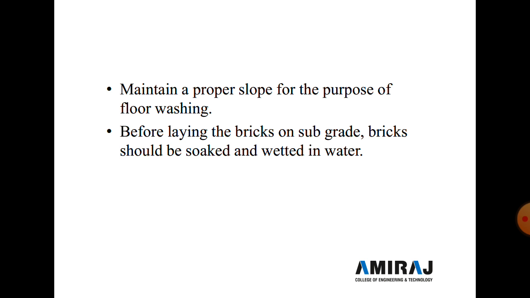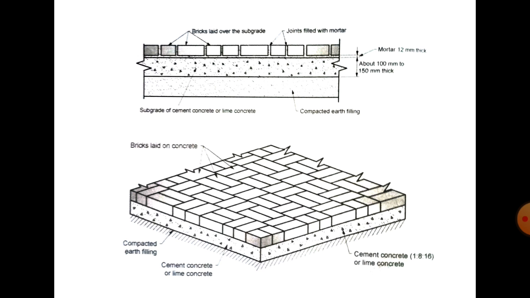Here one figure of the brick flooring is given. In the brick flooring, the first, bottom layer is compacted earth filling. Here the earth is properly compacted by sprinkling water and applying forceful pressure.